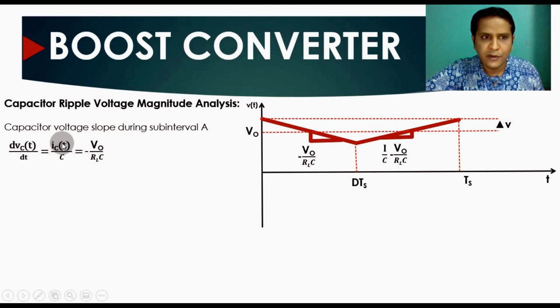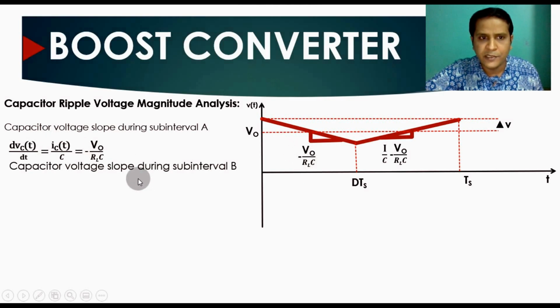We already know the IC value: IC equals minus Vo divided by RL. So this is the voltage slope for subinterval A, minus Vo divided by RL into C.